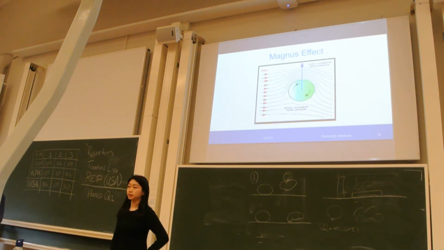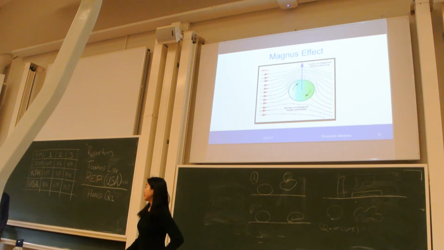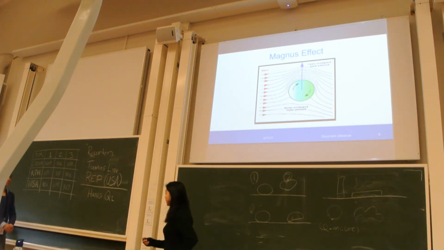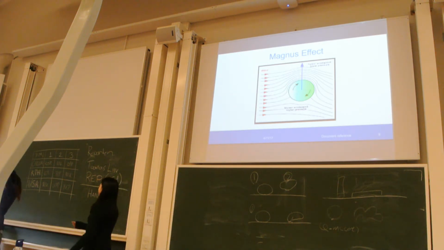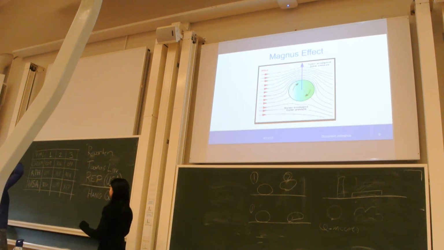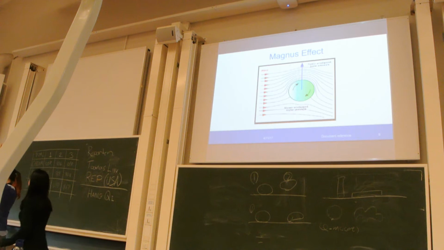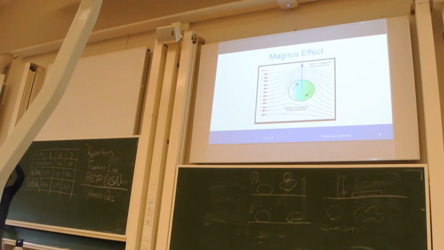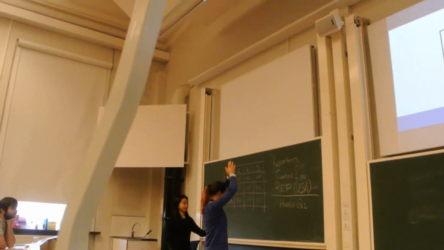The next thing I consider is the Magnus effect. I have made a demonstration with me. Suppose here's the arrow, spinning in that direction, and the wind is coming in this direction. The velocity on this side would be bigger, and due to the Bernoulli effect, the pressure on this side would be smaller than the pressure on that side.